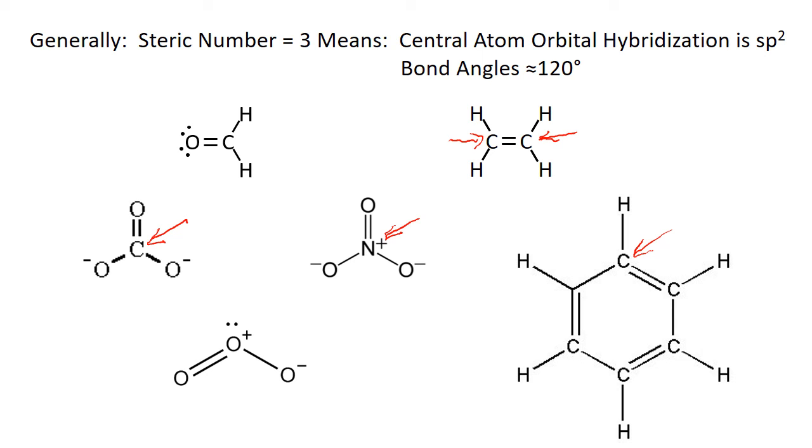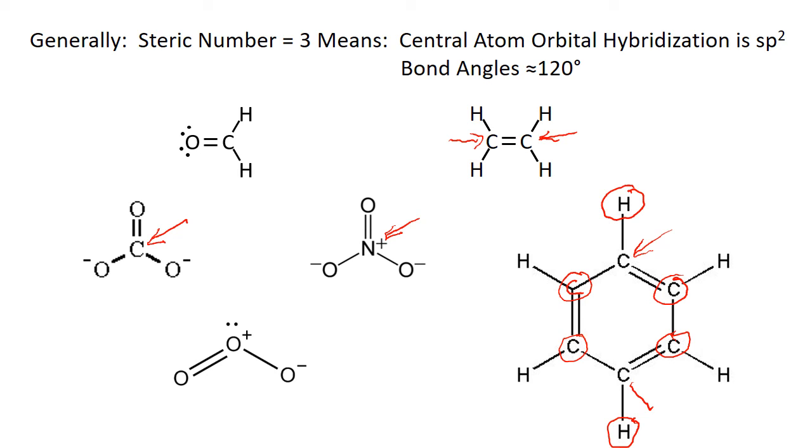So the one to which I drew the arrow, the 3 bonded atoms are here. That's a carbon atom also. It's not labeled, should be. So carbon atom here. And then a carbon atom here. So there's my steric number 3 for that carbon. For this carbon here, the steric number 3 is these 3 bonded atoms. So all 6 of those carbon atoms have steric number 3, which means all 6 of them will have an orbital hybridization of sp2, and all of them will have bond angles of 120.